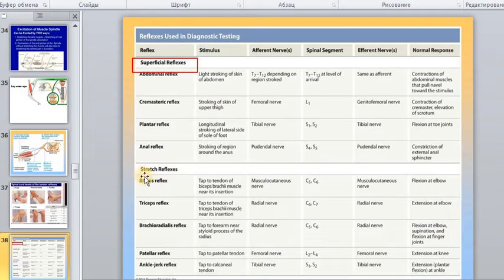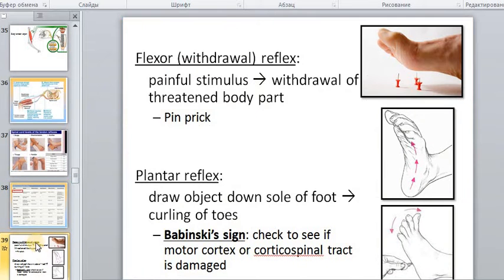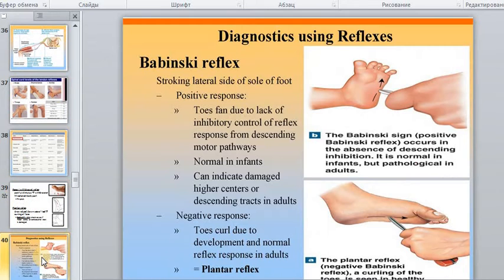Here we can find the stretch reflexes for different parts of the body, but sometimes we can use not only deep receptors but also skin receptors. And here we see superficial reflexes. They are used to diagnose the spinal cord very often, and today we will see some of these.